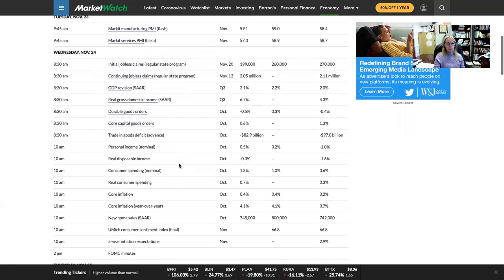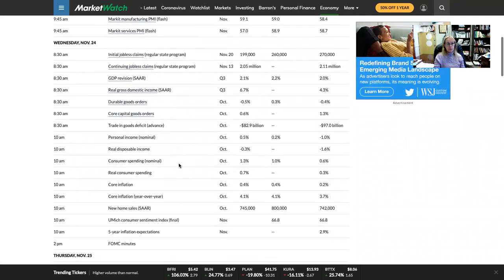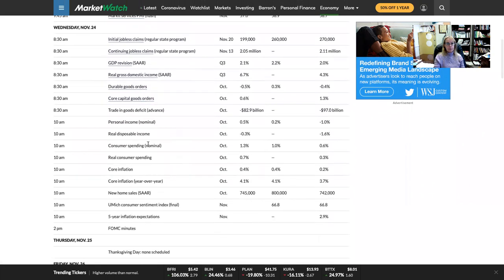All right, and then let's see what else here. Personal incomes grew. Look at personal income. They thought last quarter it decreased by 1%. Oh, this is monthly. This is probably monthly. We had an increase of 0.5. They thought it was going to increase by 0.2.